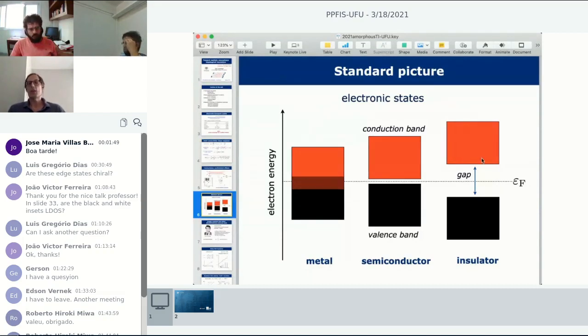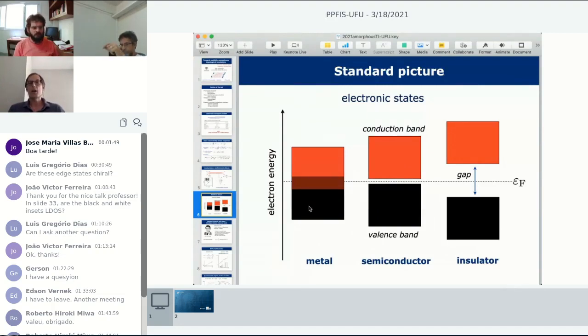So if you have an insulator, the gap is sizable, and then obviously there are no states to transport the electrons. And things are different when you have a semiconductor and a metal. And here you have different mechanisms of having mid-gap states or stuff like that. So you have conductance, and here conductivity is high.